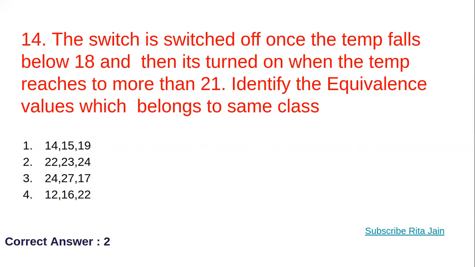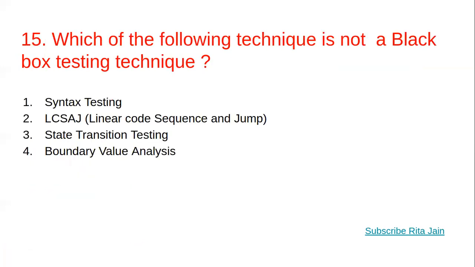So let's move to the last question, question number 15 of this session. That is also an interesting question. Which of the following technique is not a black box testing technique? So here again, you should know the black box testing technique names and its definition to answer this question. Number 1, syntax testing, 2, LCSAJ testing, linear code sequence and jump, 3, state transition testing, 4, boundary value analysis.